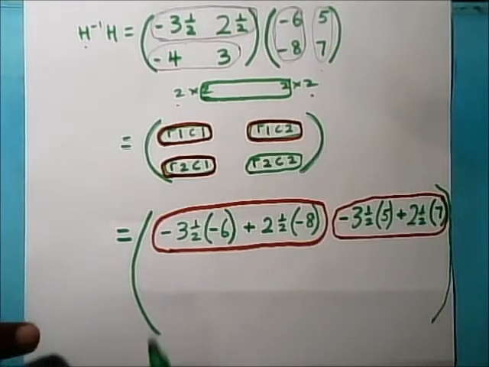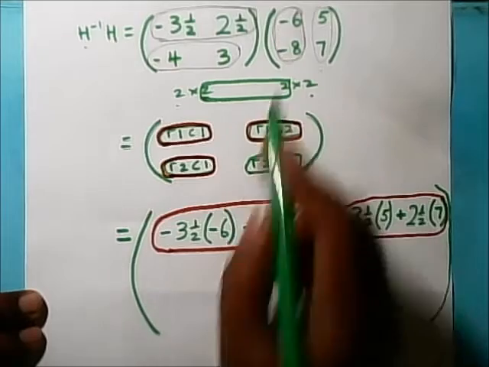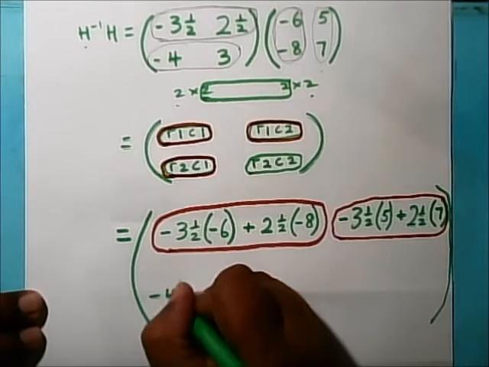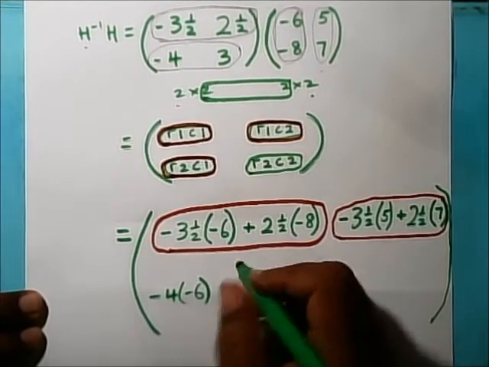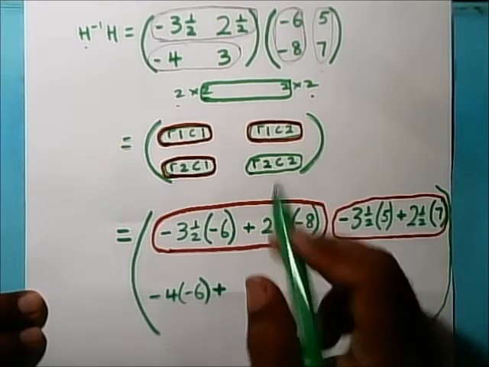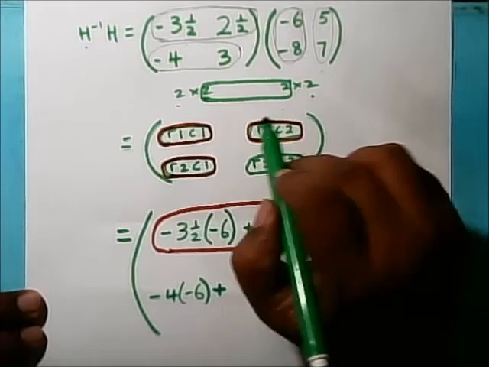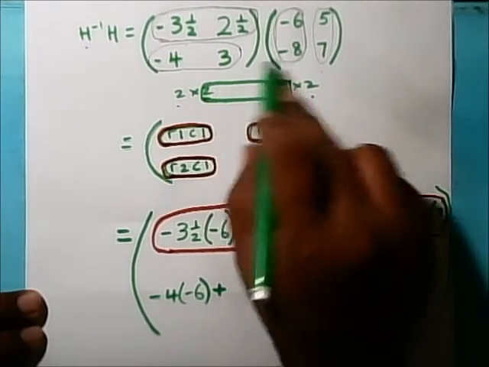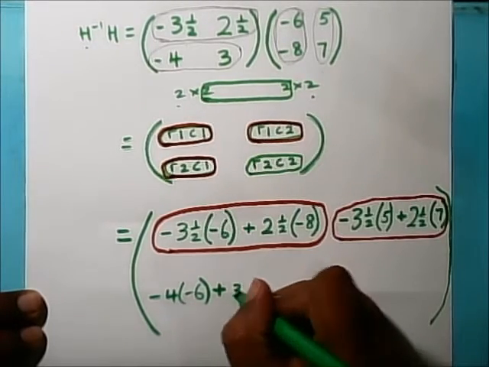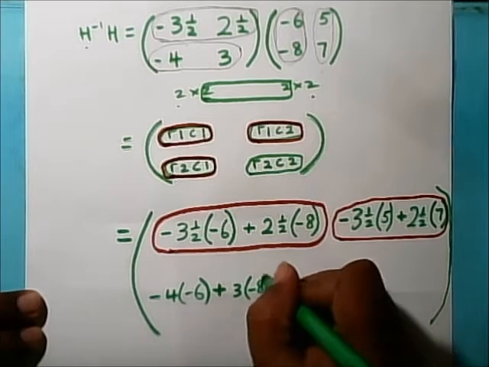So row 2: minus 4 times minus 6, added to 3 times minus 8.